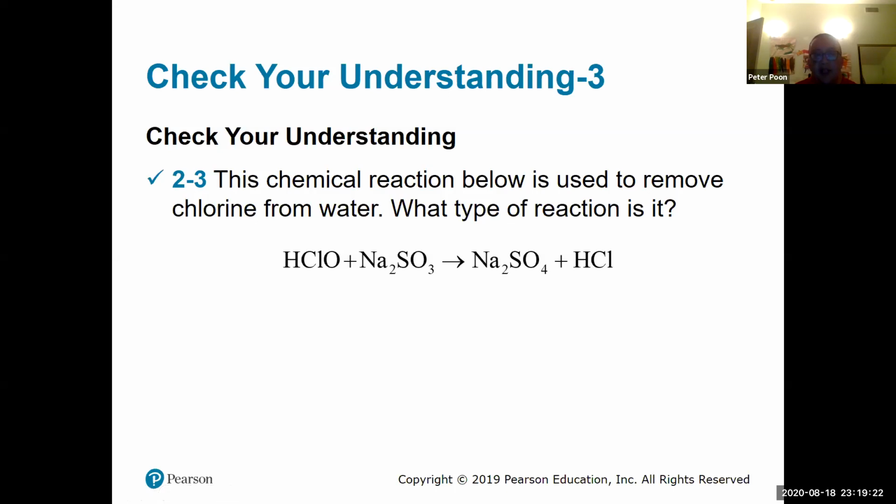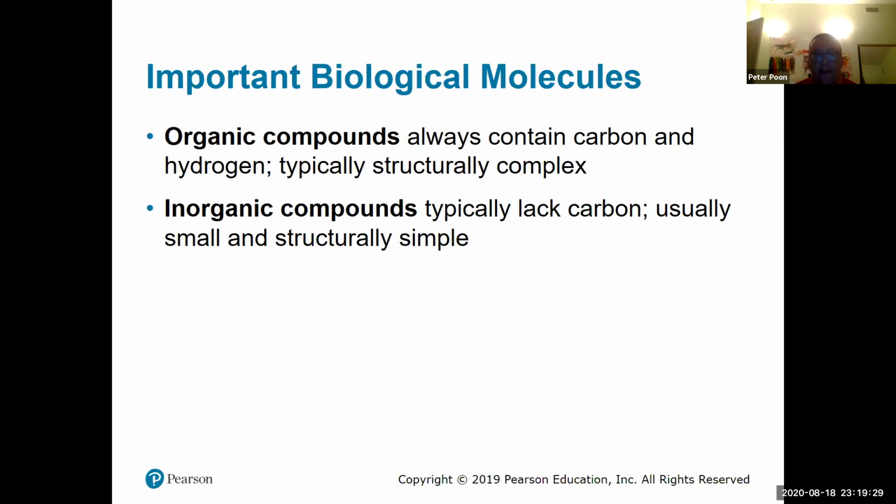Okay, so make sure you can answer that question. Organic compounds always contain two things, carbon and hydrogen, because carbon has 4 valence electrons, so it can form 4 bonds.